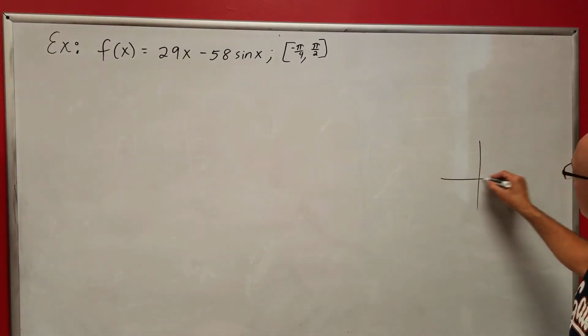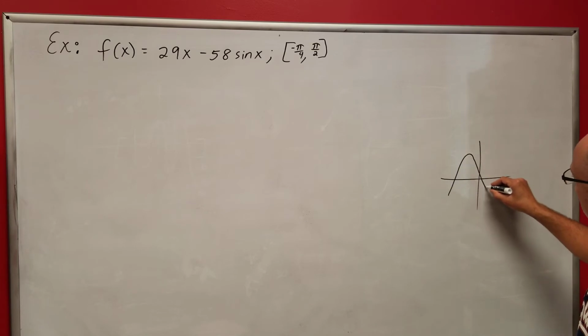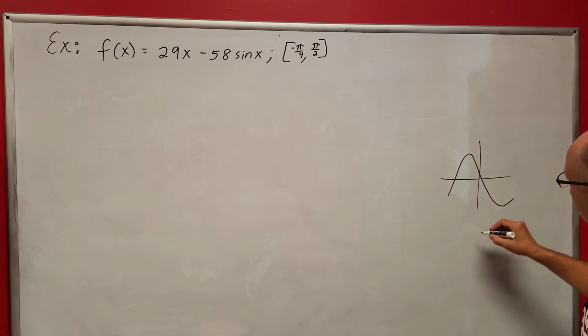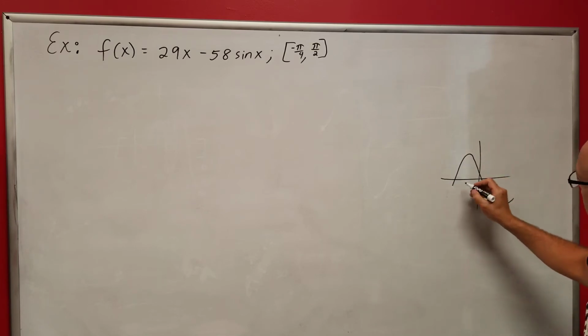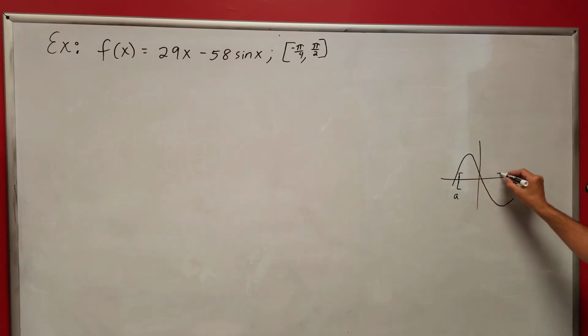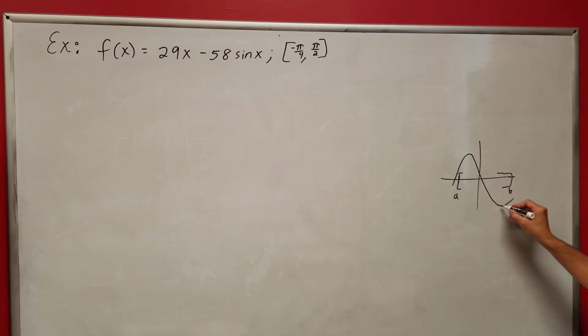Let's say, for example, I have a graph that does something like this, and I'm looking from this value to this value, from A to B, okay? Here's an absolute min, and let's say that this is the point (3, -2).